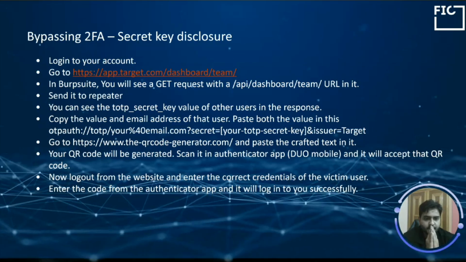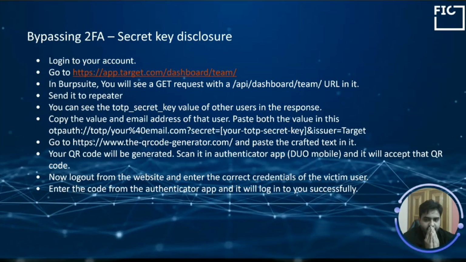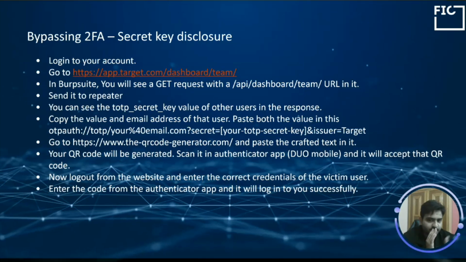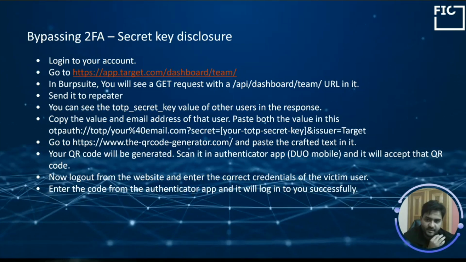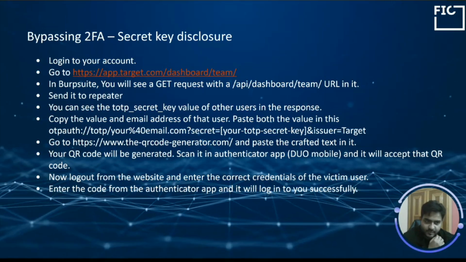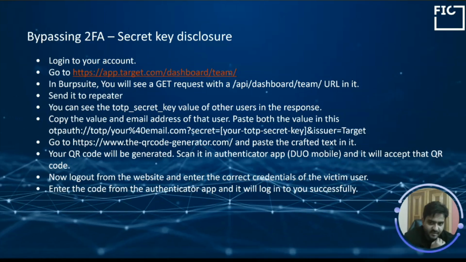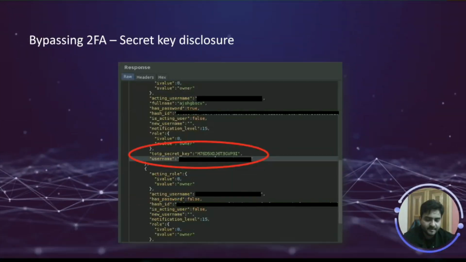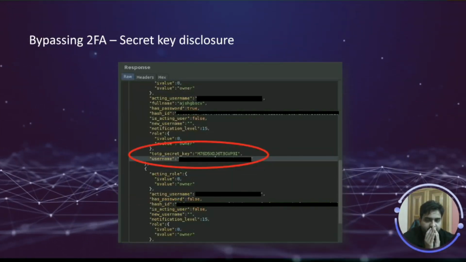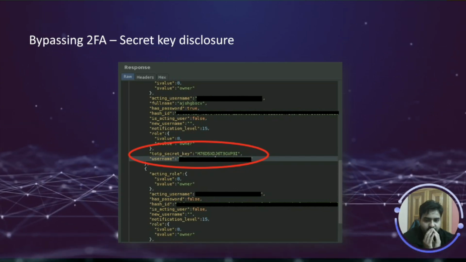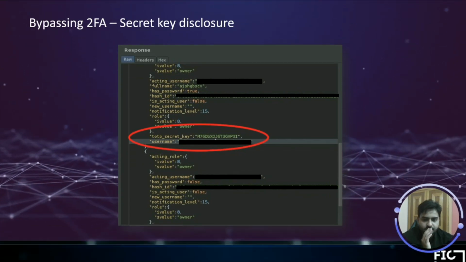We took those secret keys and generated QRs from them, and when we scanned the QR using authenticator apps, we could connect to their accounts and bypass their 2FAs fairly easily. As you can see here, this is another secret key that is being disclosed.